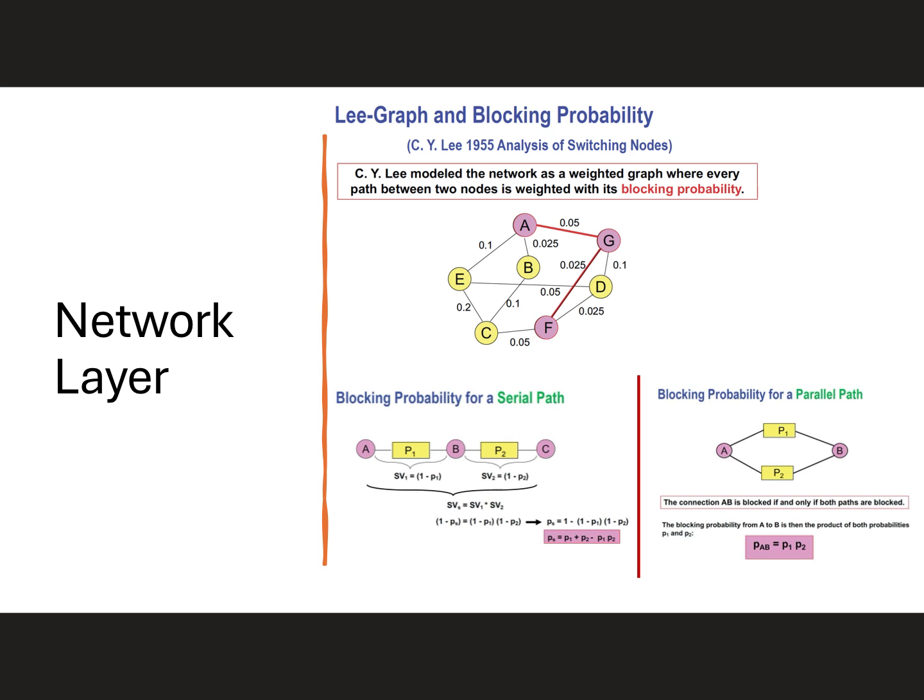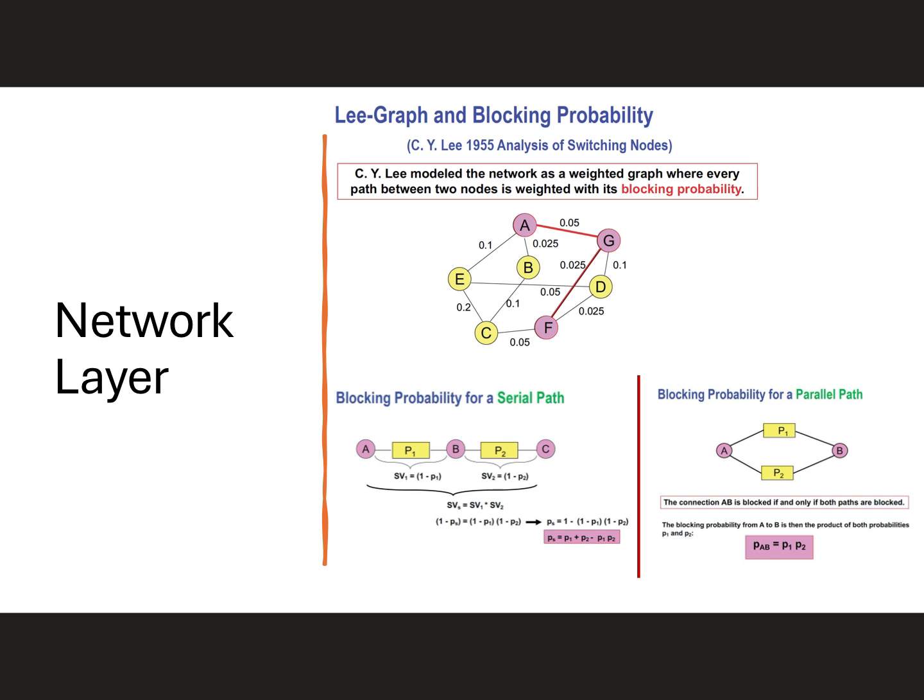One important note here is whenever I give you a graph and I ask you for calculating the probability of blocking from one point to another point, at the start and at the end of the graph, you always assume that the different routes that you will go through are independent from each other, even if they have some links common between them, because practically those common links will make them not independent, but we always assume that they are independent, okay?